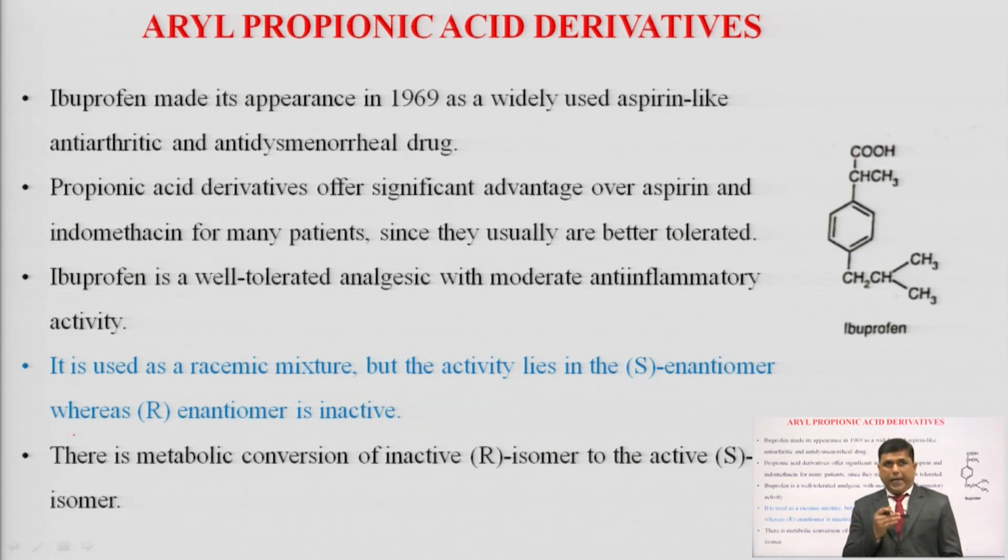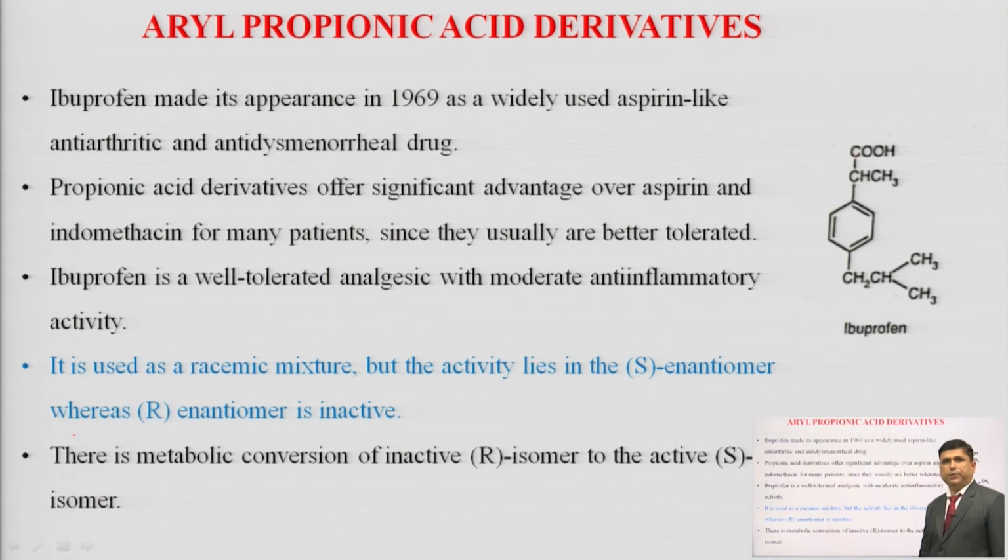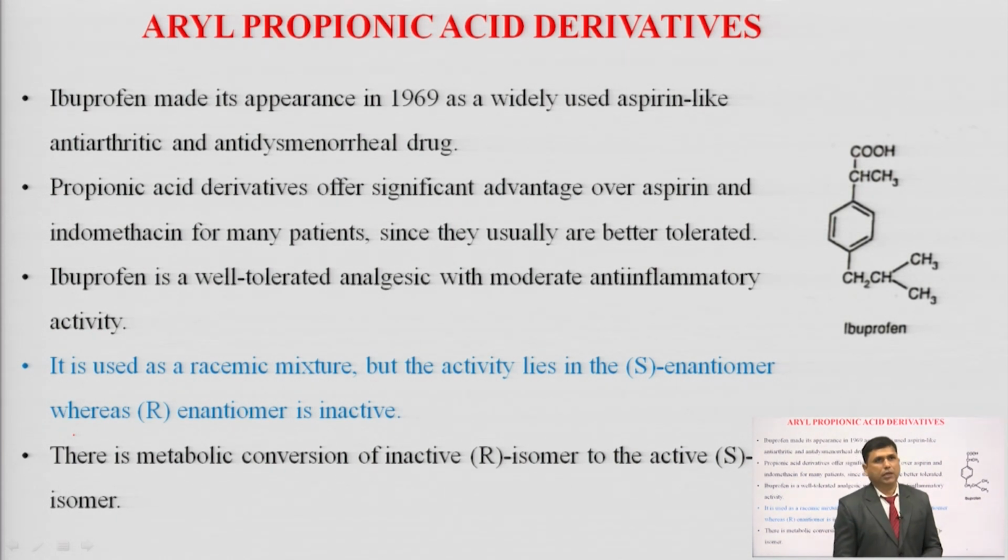In the aryl propionic acid derivatives, the first well-known example in this category is ibuprofen, and this ibuprofen made its appearance in 1969 as a widely used aspirin-like anti-arthritic and anti-dysmenorrheal drug.